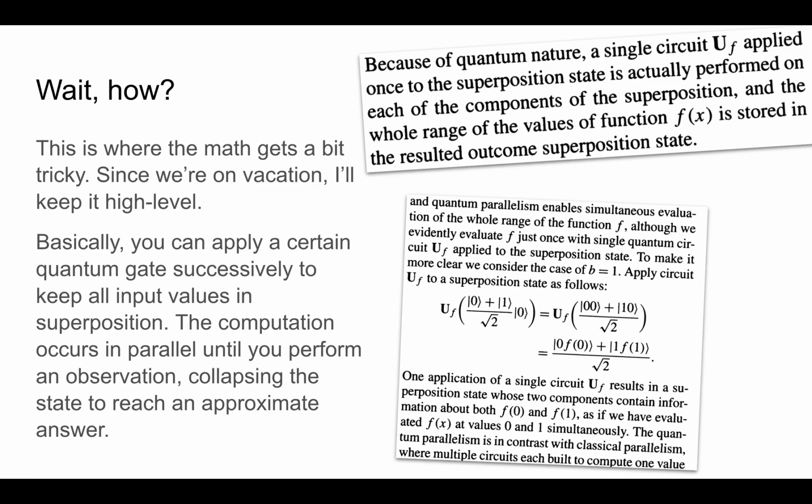I didn't read this super carefully, but there's a different observable vector, and that gives us a different set of answers that just have some probability, but the computation is performed in this state of superposition.